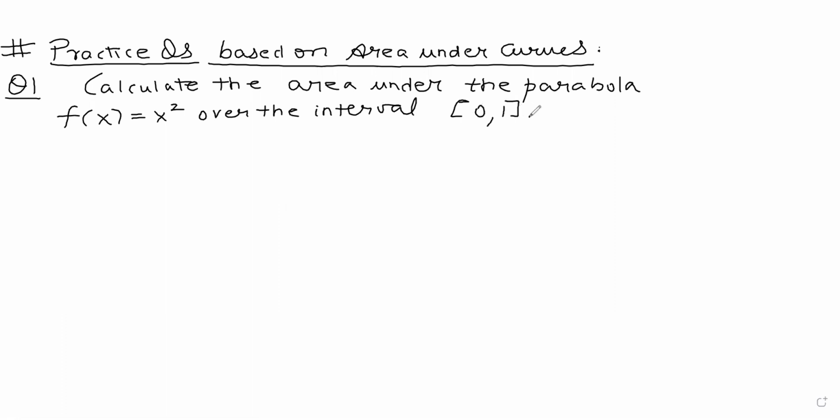So we need to calculate the area under the parabola. From my course on mathematical methods for economics part 1, in my lectures on coordinate geometry, all of you can recall that this is nothing but the equation of a parabola with the vertex at 0, 0. Okay, so if I draw the diagram for this particular function, the diagram is going to somewhat look like this.